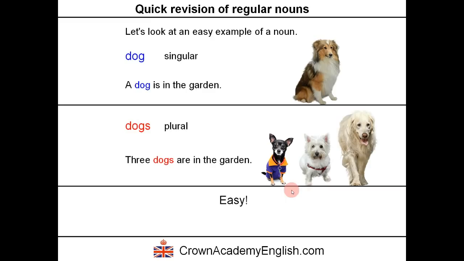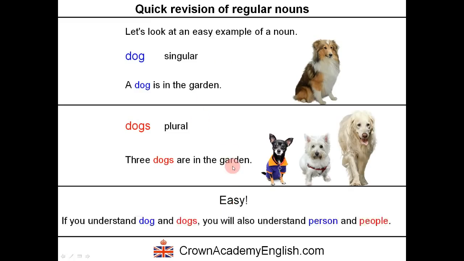I'm sure you all agree that that is easy. Nothing difficult here. Well, that's good, because if you understand this, dog and dogs, then you will also understand person and people. So let's look at this now.